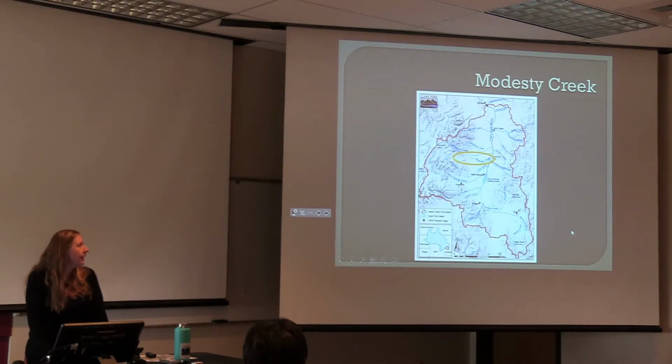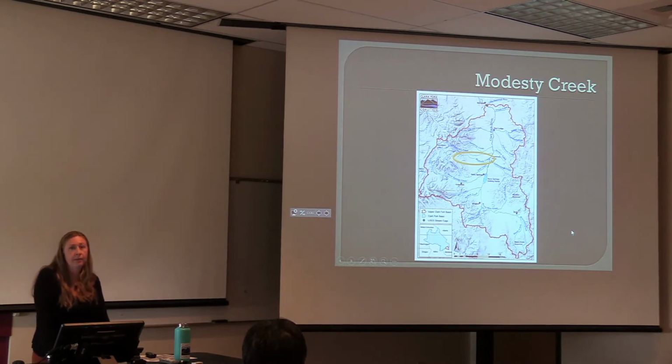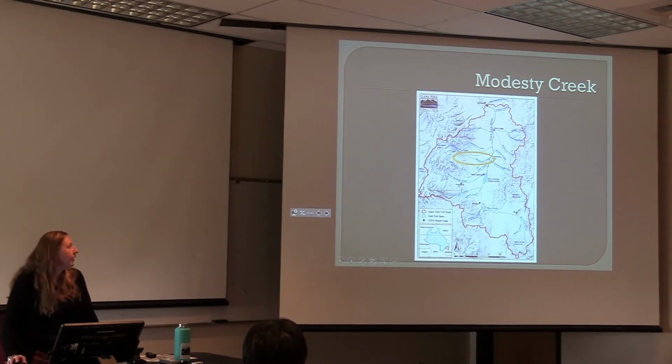Okay, so now we're going to talk about some Beaver Dam Analog projects we've done on Modesty Creek, which flows into the Upper Clark Fork right across from where Dry Cottonwood Creek comes in, so it's on our property. We did a channel reconstruction project on the mouth of this.